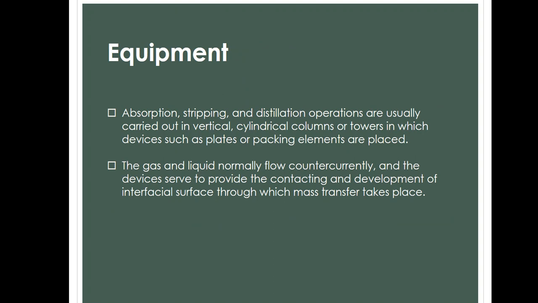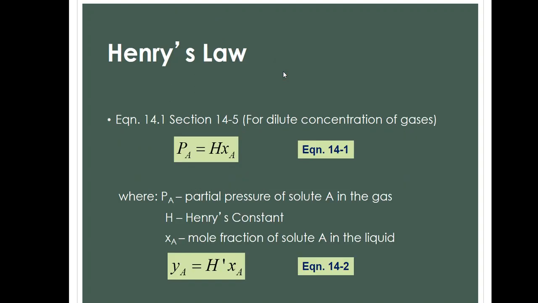The phases here normally contact each other counter-currently, so they have opposite directions, all with the purpose of establishing a bulk phase where an interface can be made where the actual mass transfer occurs. So the two phases will mix, they will form the bulk phase, and in the bulk phase we will have the formation of the interface. This is where specifically the mass transfer will happen.